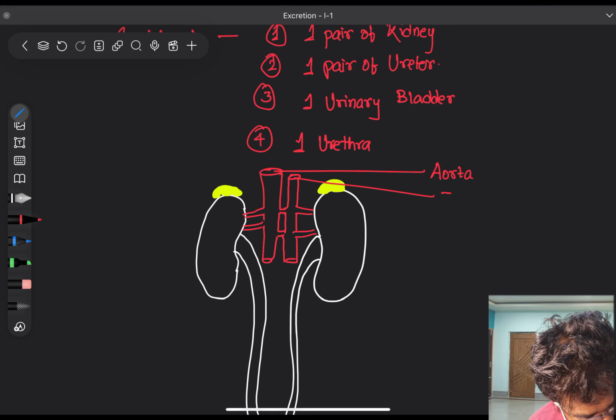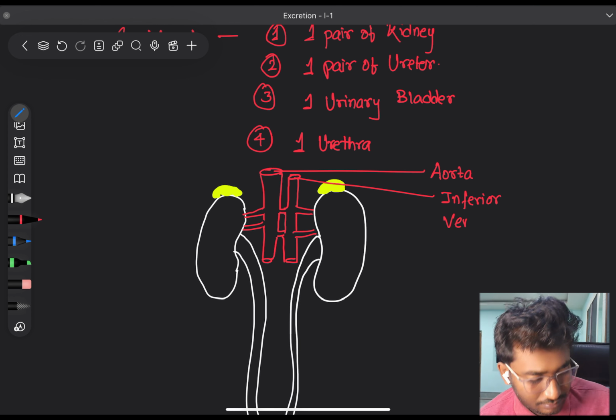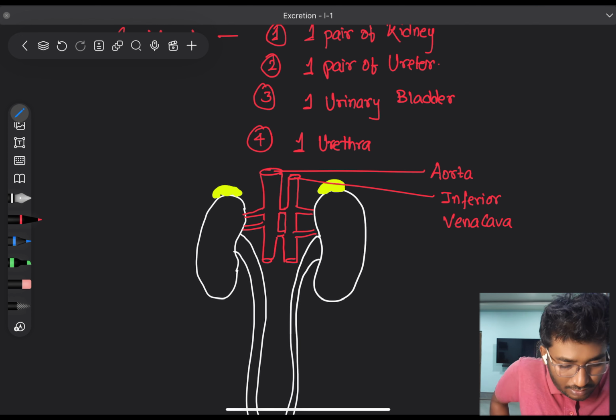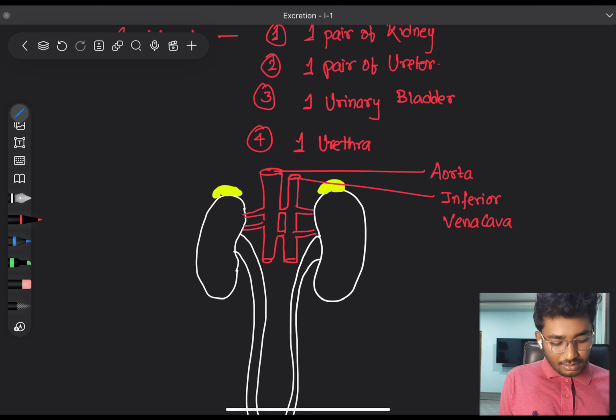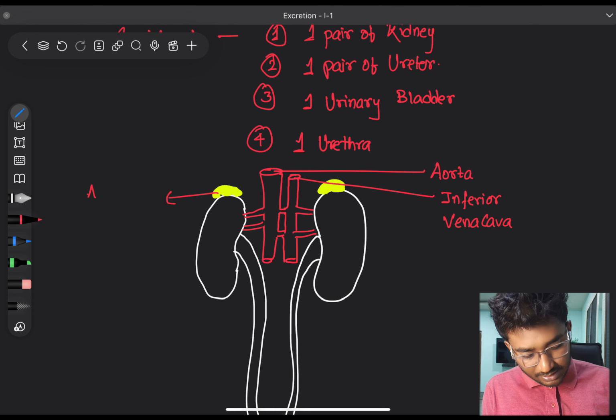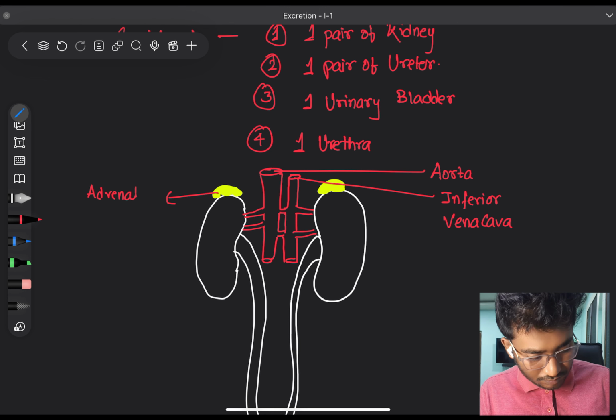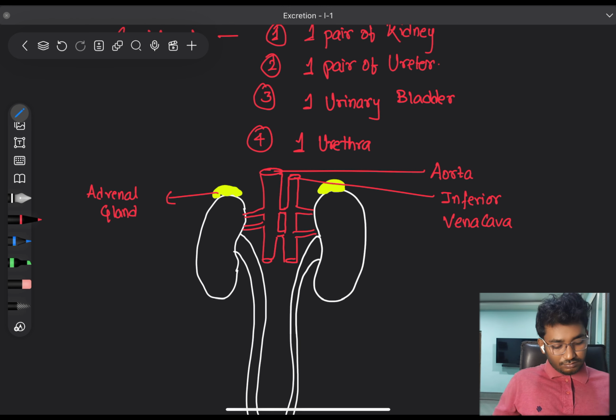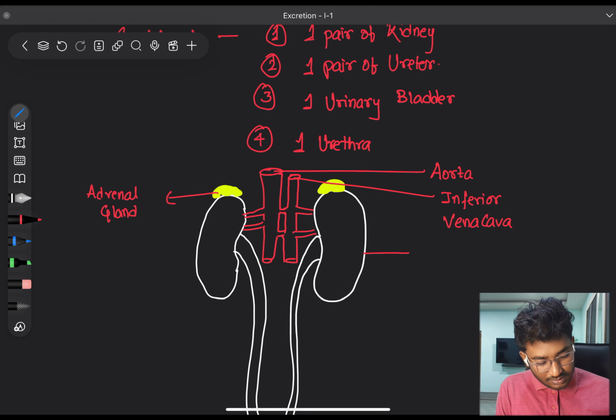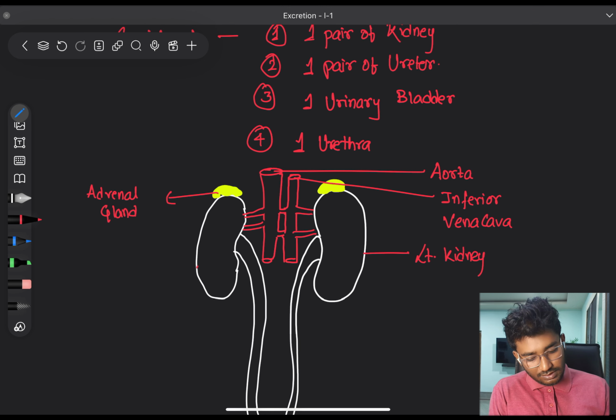Inferior vena cava. Okay, this is the adrenal gland. The yellow is the adrenal gland. This is the left kidney. This is the right kidney.